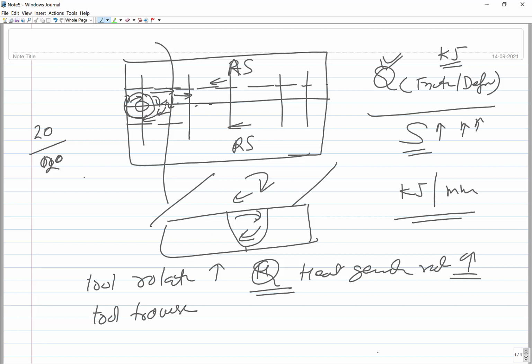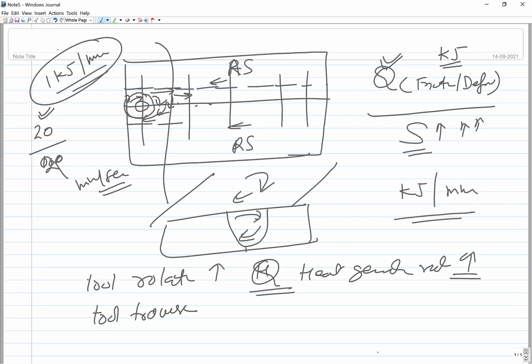In that case our net heat input will be 1 kilojoule per mm. So this is 20 mm per second, and here 20 kilojoule is the rate at which heat is being generated.